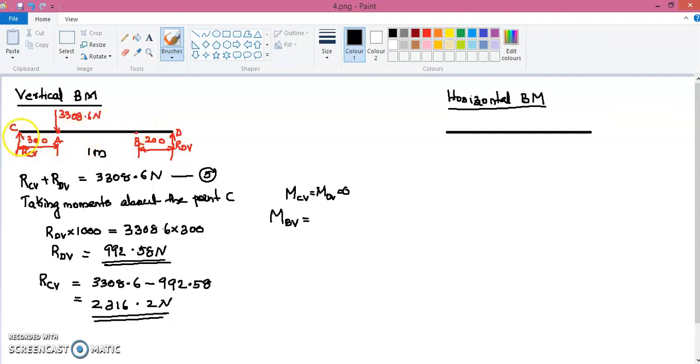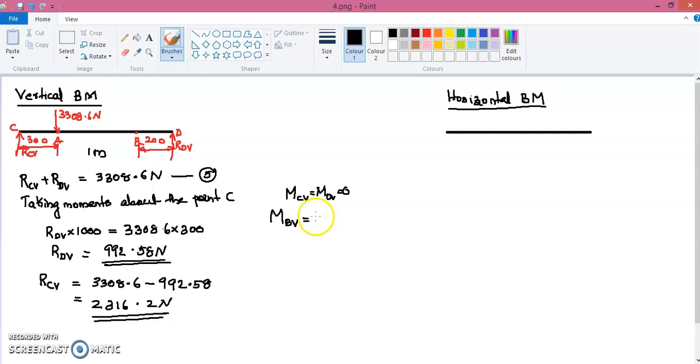If I take it from this direction, we will be having the reaction RCV, and also we will be having this downward force. But if we take it from the right direction, we will be having only one force. So this will be easier. So I'll take the moment from the right direction towards this point B.